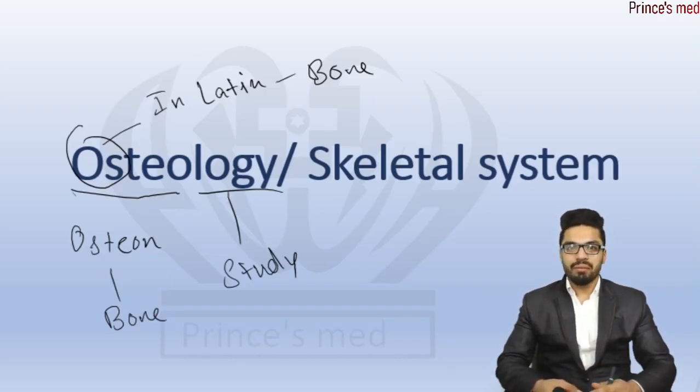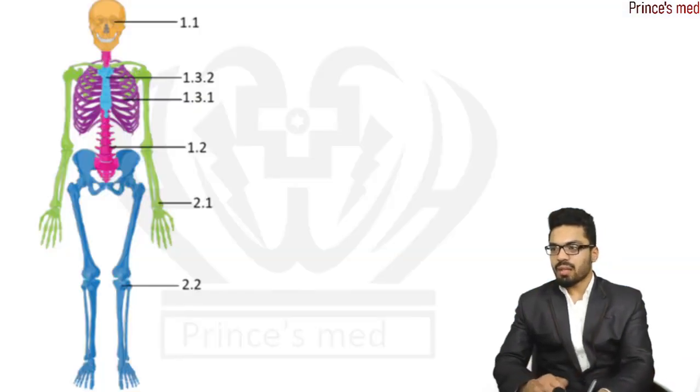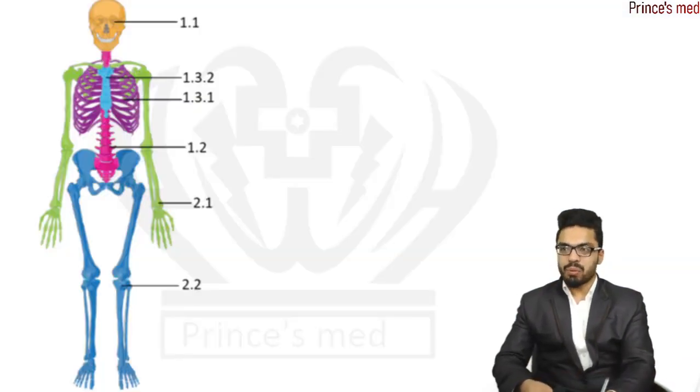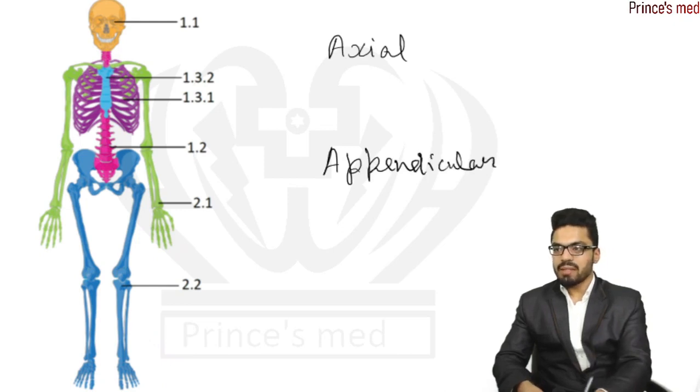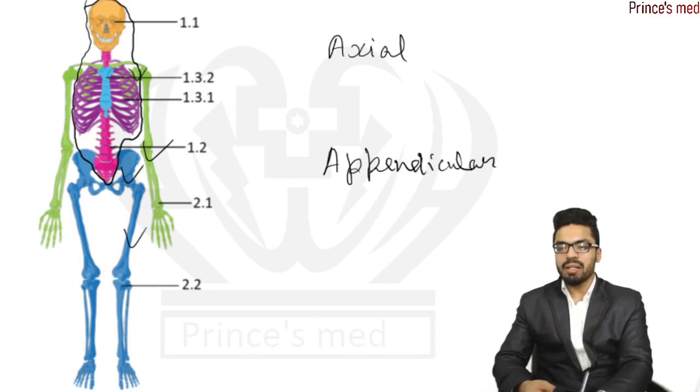So first of all, we will take an overview of our skeleton. Our skeleton is composed of the axial skeleton and the appendicular skeleton. The upper limb, lower limb, pelvic girdle and pectoral girdle come in the appendicular skeleton.